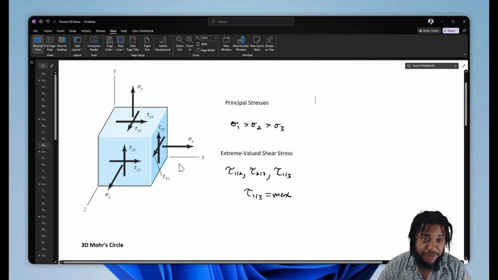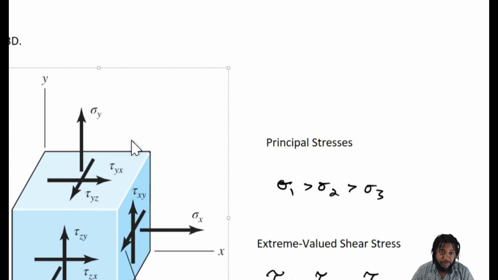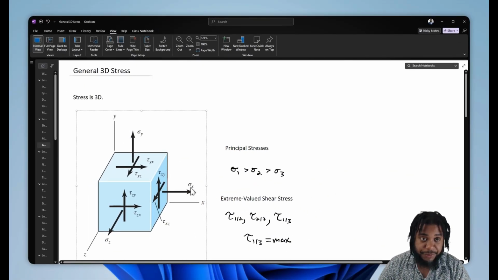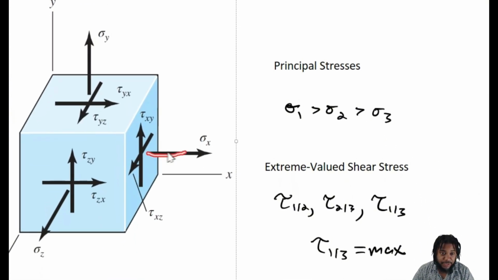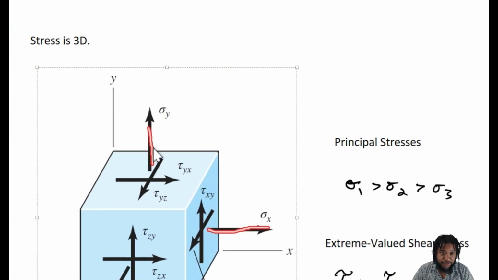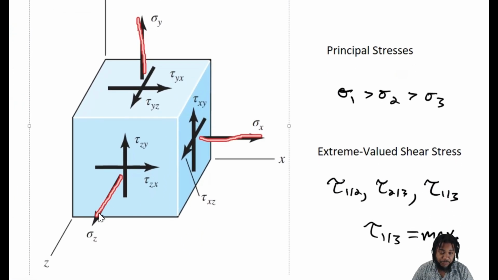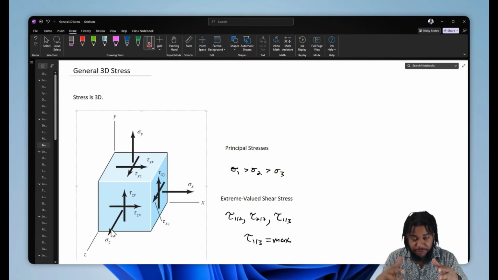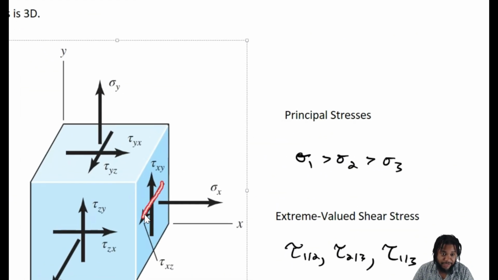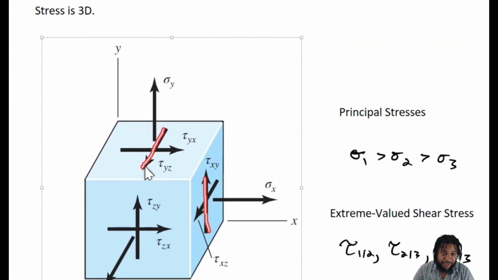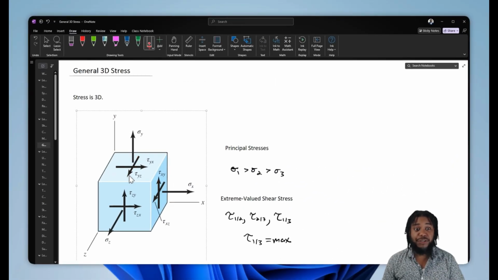Now, often in the general case of stress, we'll define it in terms of X, Y, and Z. We'll have our normal stresses, sigma x, sigma y, and sigma z, which are the stresses on the surfaces of a body. But then also we'll have our shear stresses, such as tau xy, tau xz, and tau yz, which represent the shear stresses across the surfaces.